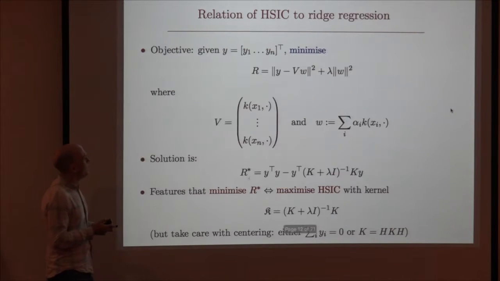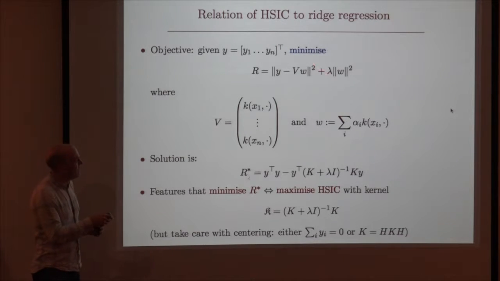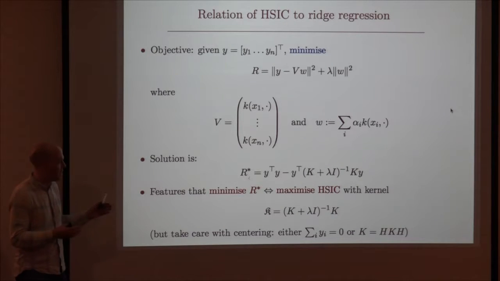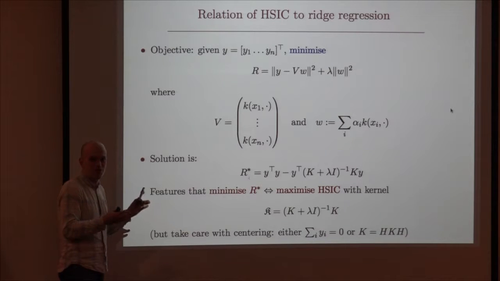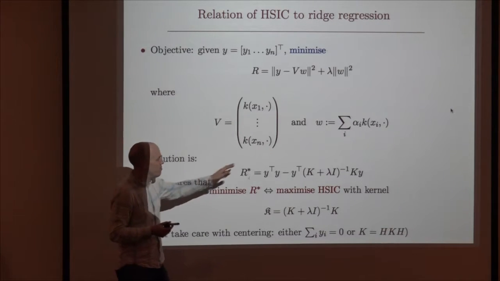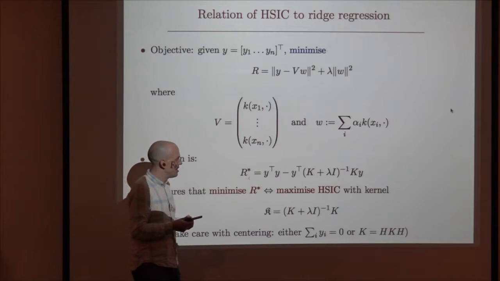Okay, let's do something even fancier. Now imagine we're doing ridge regression from our inputs to our labels, and we're going to do kernel ridge regression. So we're basically predicting the mean of our y's, which are our labels, from nonlinear functions of our x's. Okay.